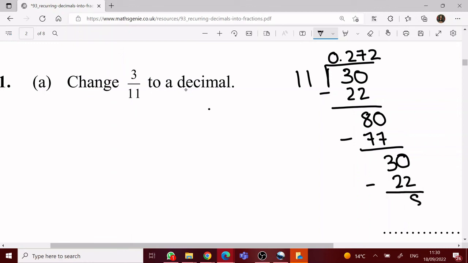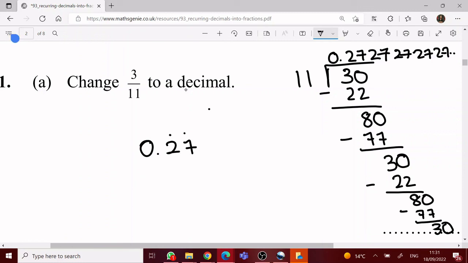Once again, I get 8, add a 0, that's 7, 77, minus, and I get a 3, add a 0. I think you guys got the concept here. It's pretty much being repeated, 27, 27, 27 forever, because you see the pattern of getting 30 and 80, 30 and 80 again and again.